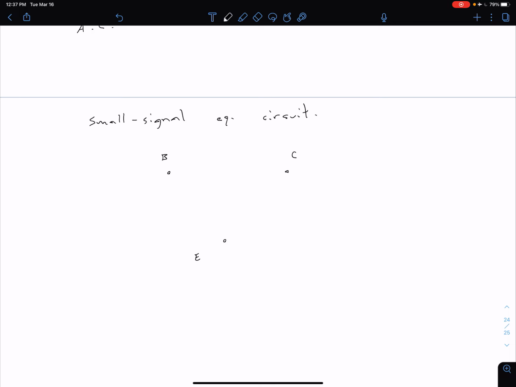From our previous work with hybrid pi, we know that we have this R pi resistor between our base and the emitter. So this is R pi with some voltage V pi across it. Let me move this over a little bit because we're going to include our small signal output resistance for completeness. So we have something that looks like this.